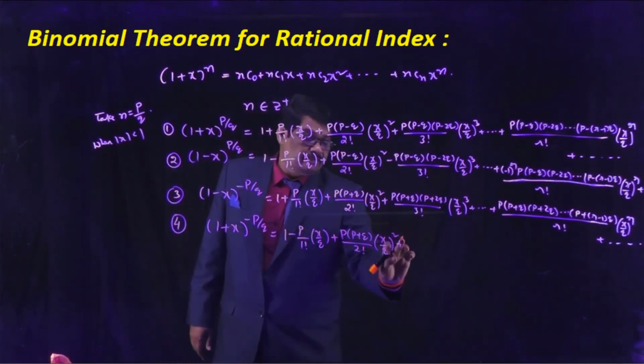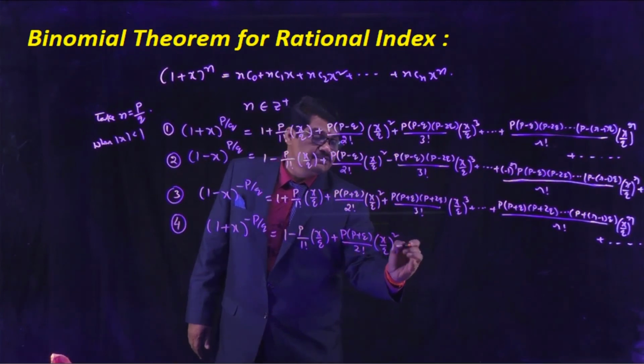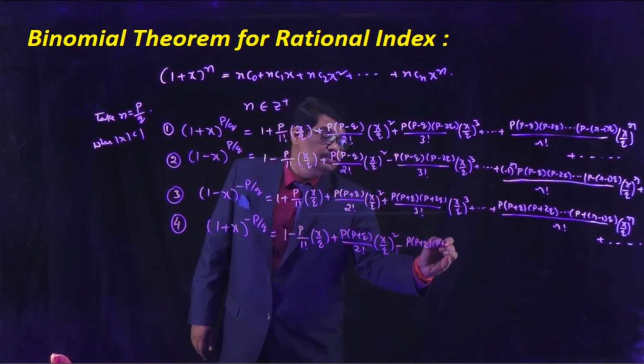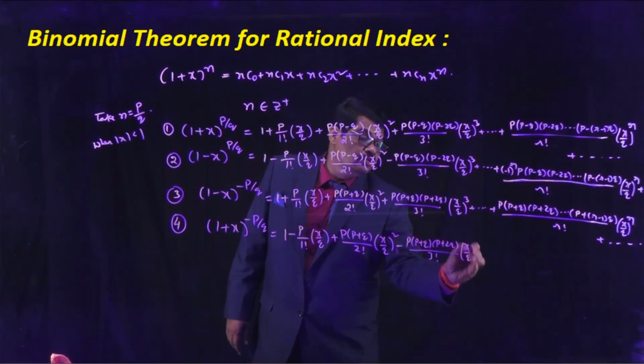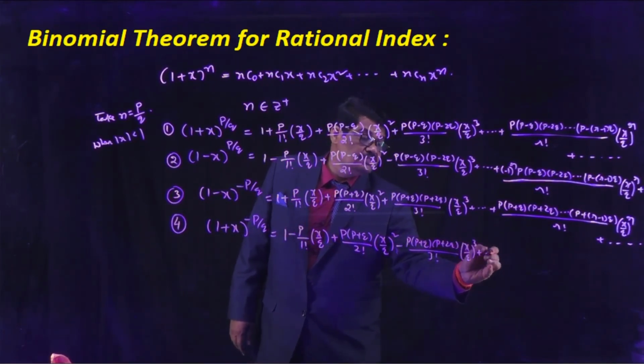Here we get minus p(p+q)(p+2q) by 3 factorial into (x/q)^3, plus and so on.